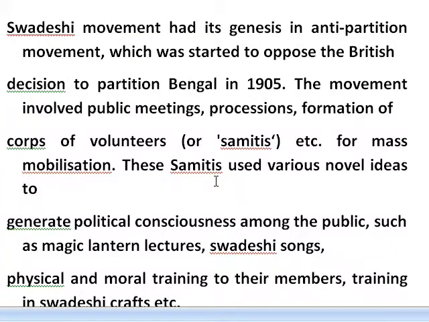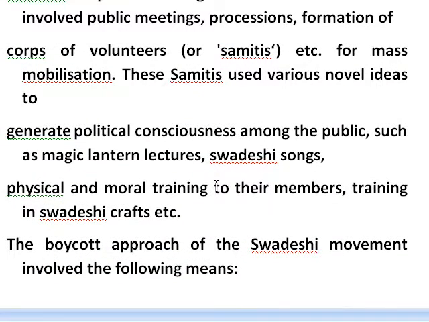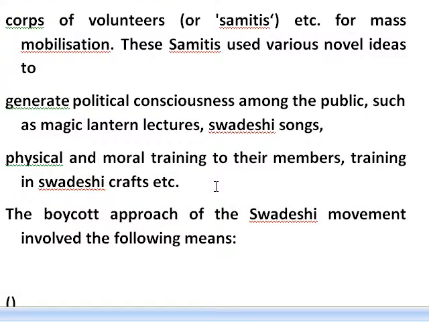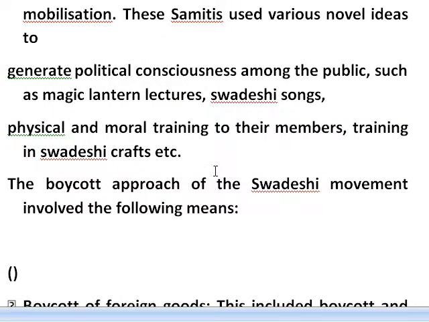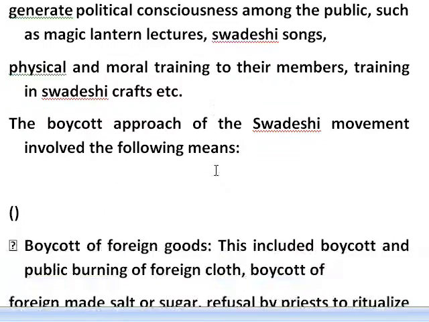For mass mobilization, the samitis used various methods to generate political consciousness among the public, such as magic lanterns, lectures, Swadeshi songs, and physical and moral training to their members, training in Swadeshi crafts, etc.